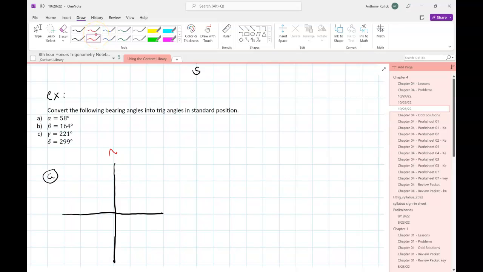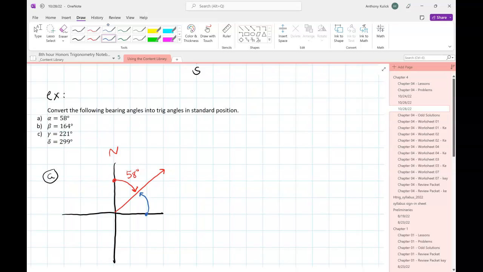For my bearing, I'm going to do the bearing stuff in red, and the standard position stuff in blue. We start on the north, and we rotate clockwise. So 58 degrees is going to be to there. If I want a standard position angle, that starts on the positive x-axis and rotates counterclockwise.